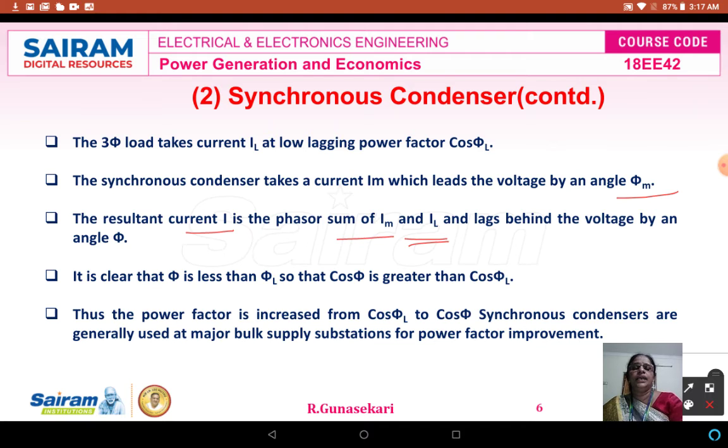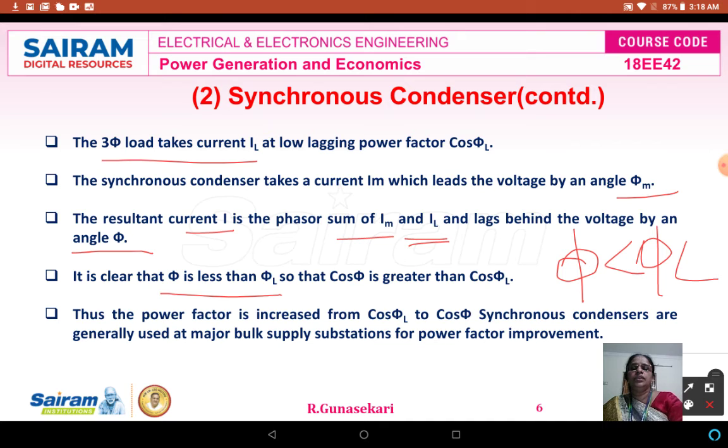The current IL lags behind the voltage by an angle φL. The resultant current lags behind the voltage by an angle φ. So φ is less than φL, the load angle, and therefore cos φ is greater than cos φL. So the power factor is increased from cos φL to cos φ. Therefore the synchronous condensers are generally used at major bulk supply substations for power factor improvement.